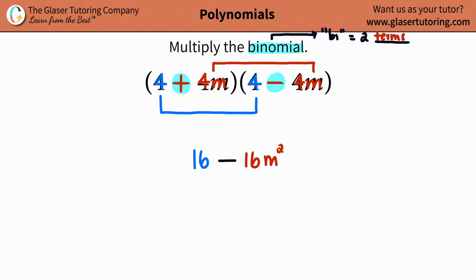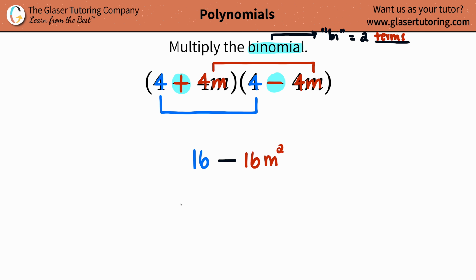But you could always write it in the standard form, meaning that usually when you have these, your first term should always be the highest degree, aka your variable that has the highest exponent.